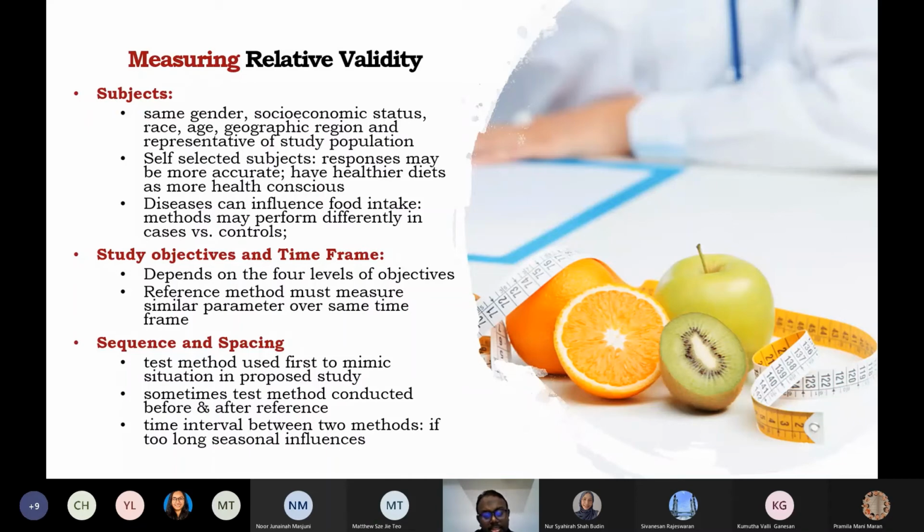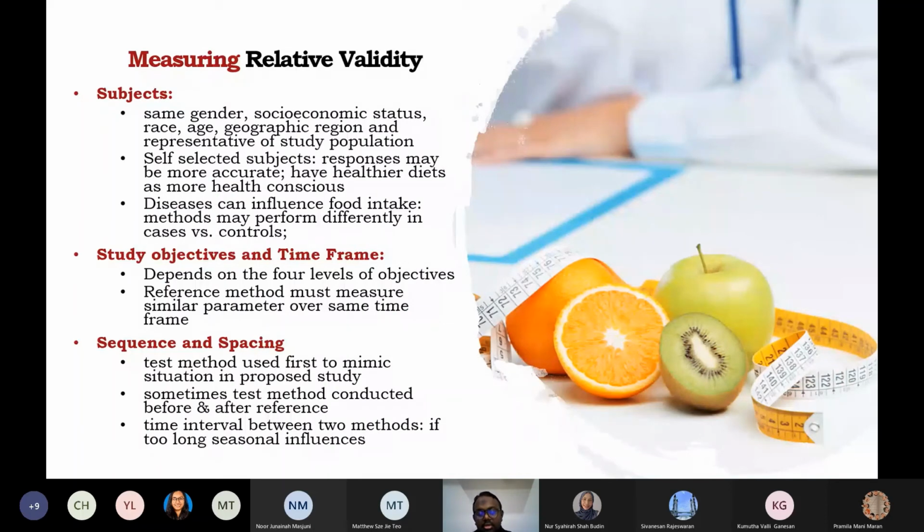Whereas in the sequence and spacing during relative validity measurement, the test method must first be used to mimic the situation in the proposed subject. So you must do the test method first, and only then the reference method later on. Sometimes the test method is conducted before and also after the reference method.